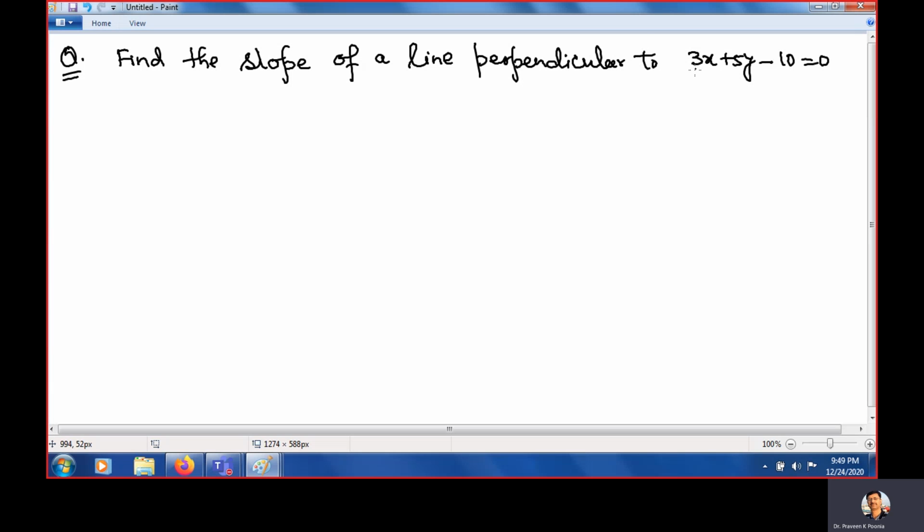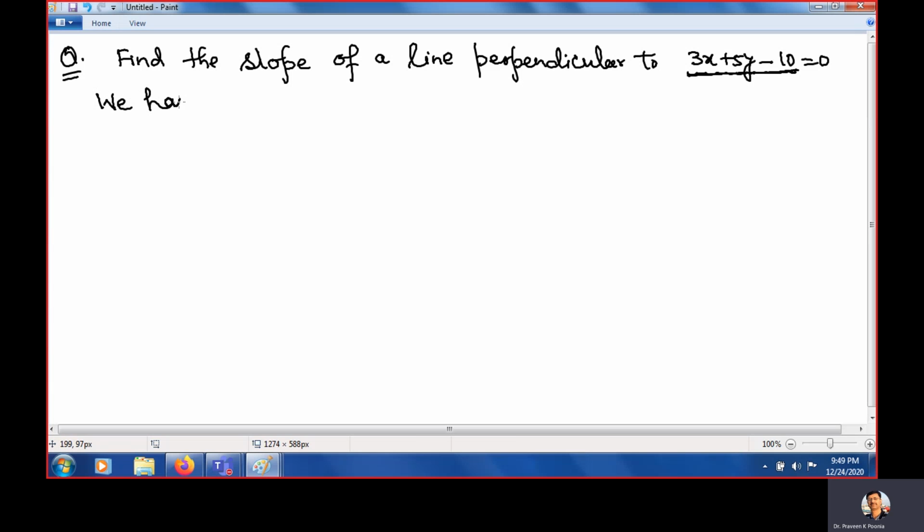So you need to find the slope of a perpendicular line. If you see the previous question, we need to solve only 2 steps here. The third step is not given because the point is not given. So we cannot find the equation of the line, but we can find the slope of the line which is perpendicular to this line.